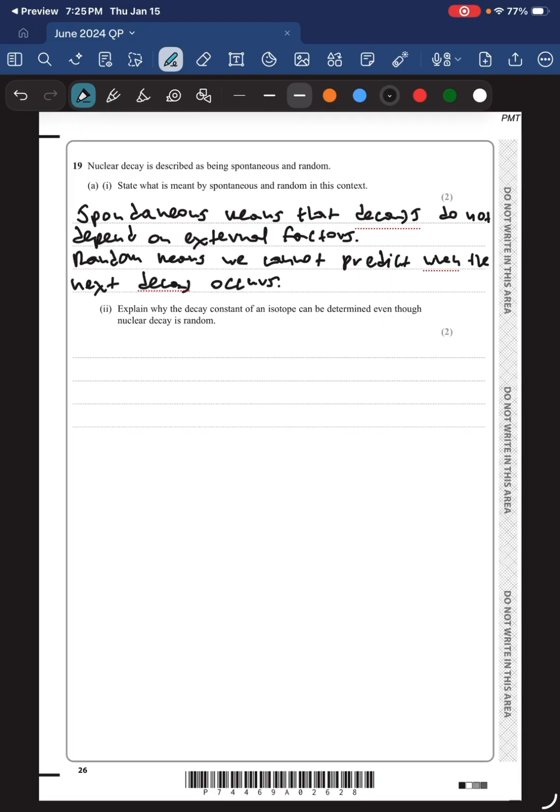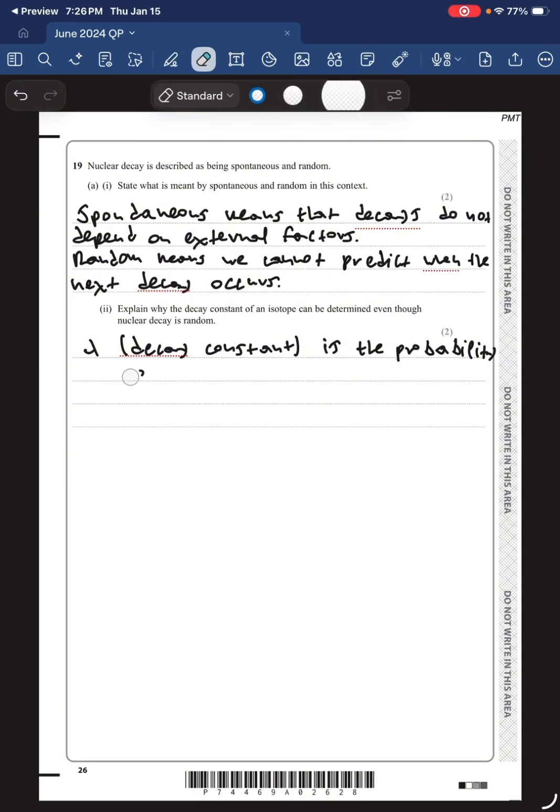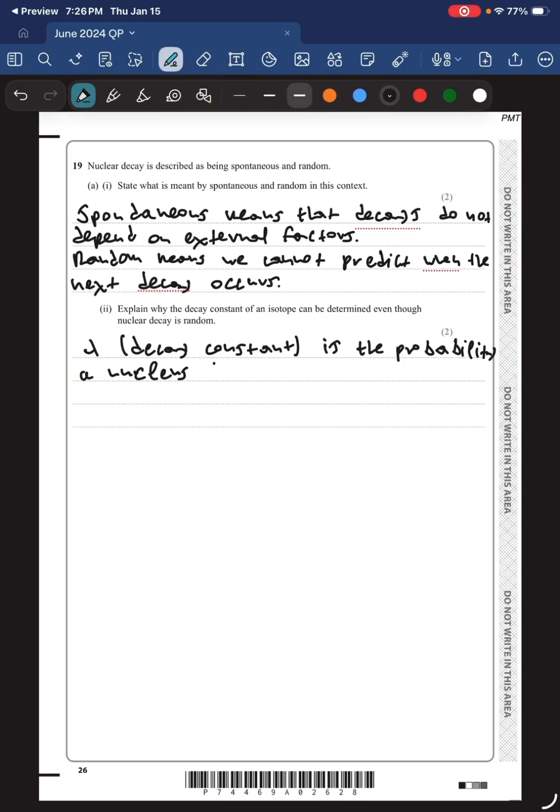So lambda, which is the decay constant, is the probability, actually the probability a nucleus decays per unit time, and this can be determined.